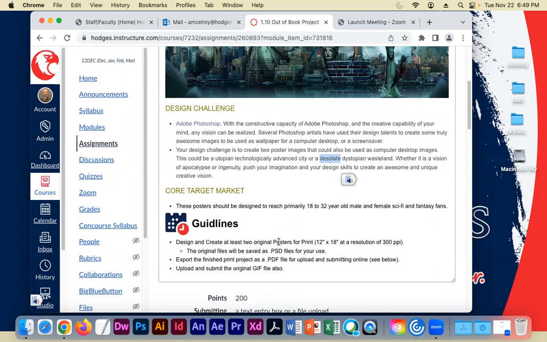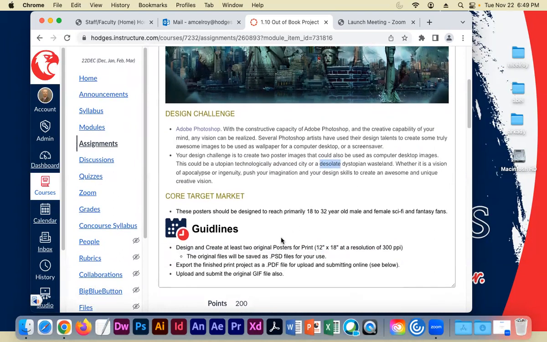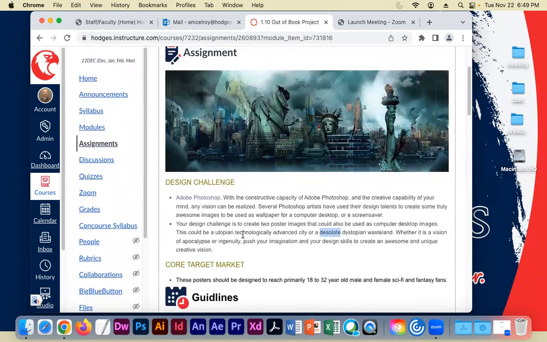I'm giving you a 2-poster project, save them as PDF, zip them in a file. Maybe you want to do one is utopian and one is desolate, just so that we can see your design style across the spectrum of solution, the perfect world versus the wasteland world. We should be able to see a similarity of style.